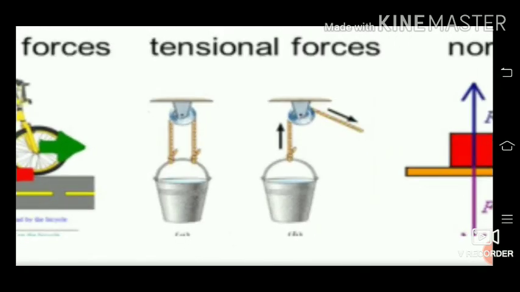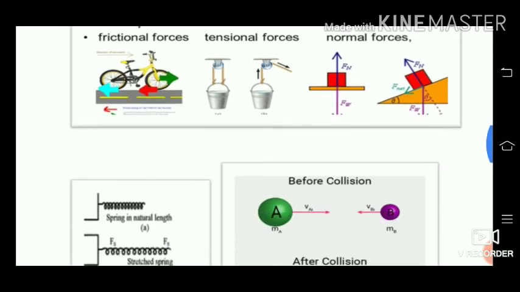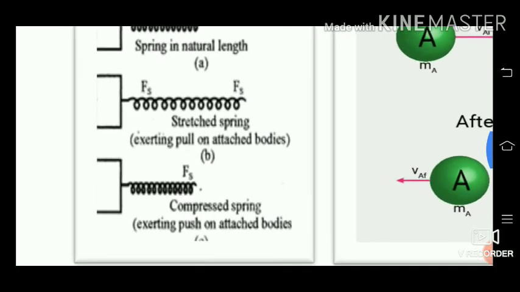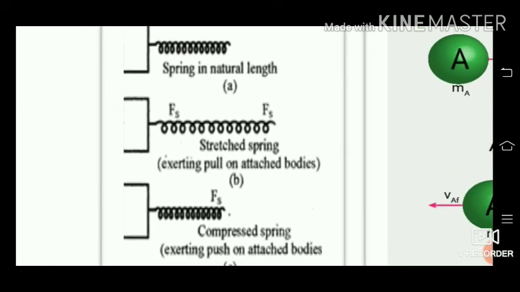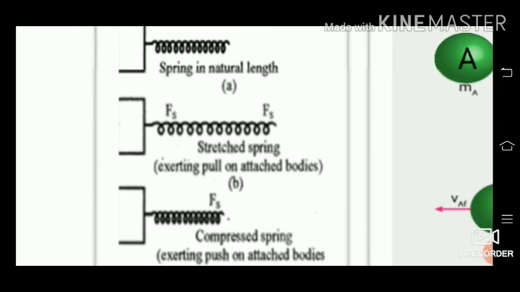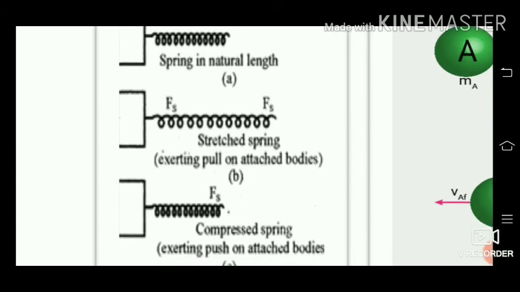Now moving on to the next force, that is force exerted by a spring. Consider a spring with one end kept fixed. If its other end is either stretched or compressed, the spring exerts a force opposite to the direction of the displacement of its free end.